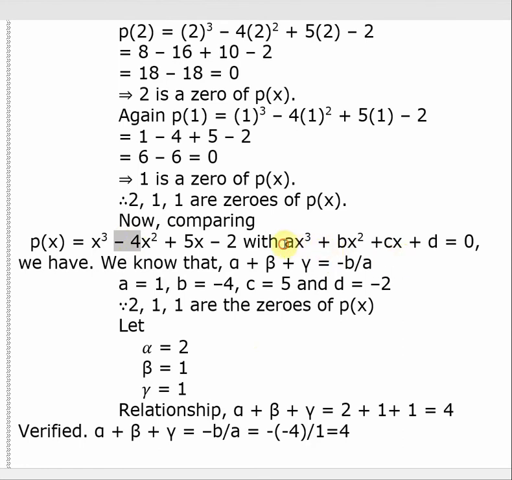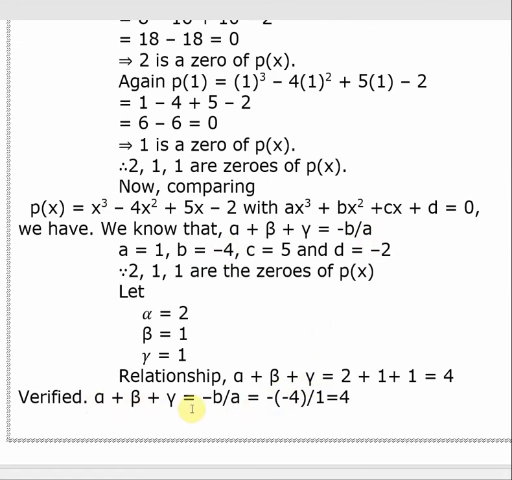And a is 1, because x cube has 1 multiplied with it, 1 x cube, so a is 1. So minus b by a is minus of minus 4 by 1.